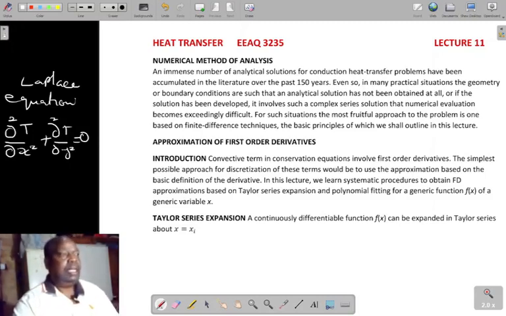So our task is to develop a scheme that can enable us to solve that equation using numerical methods.